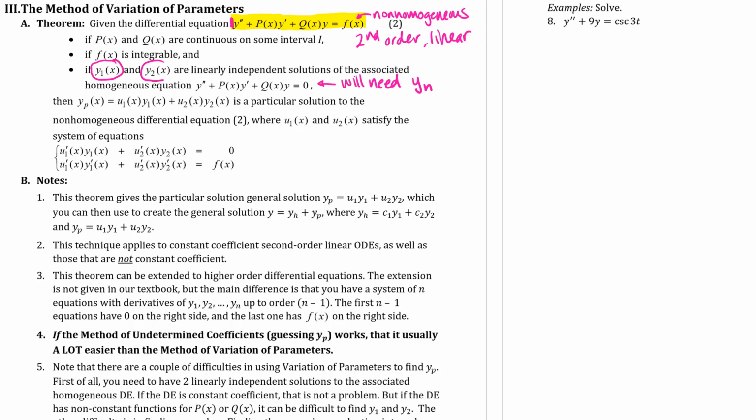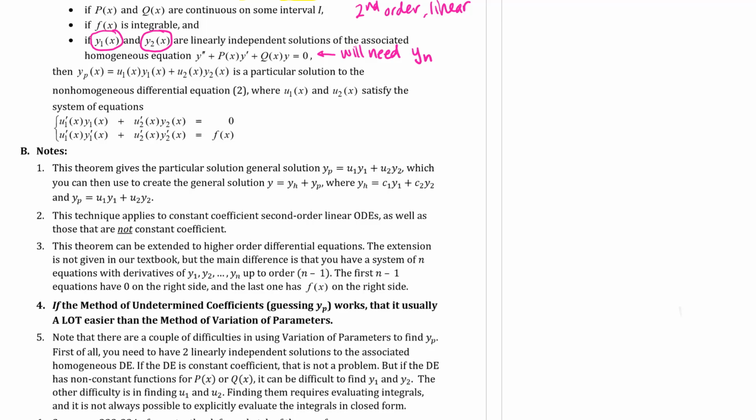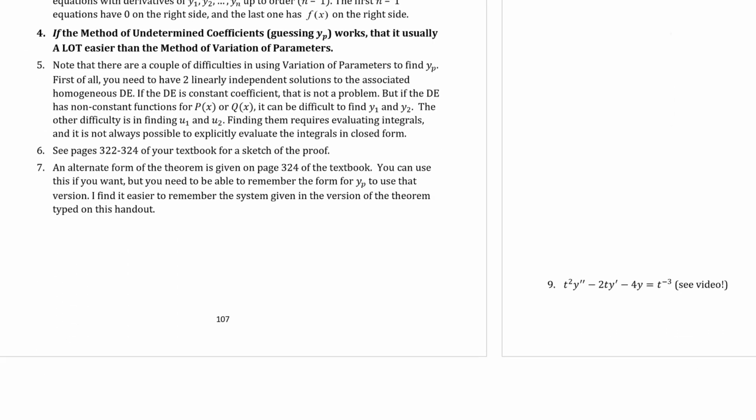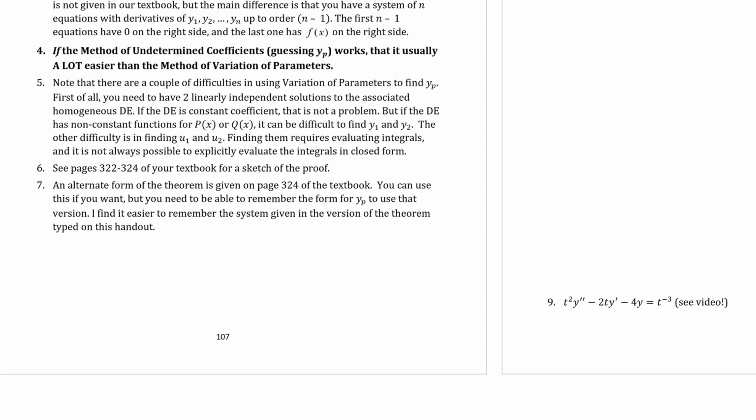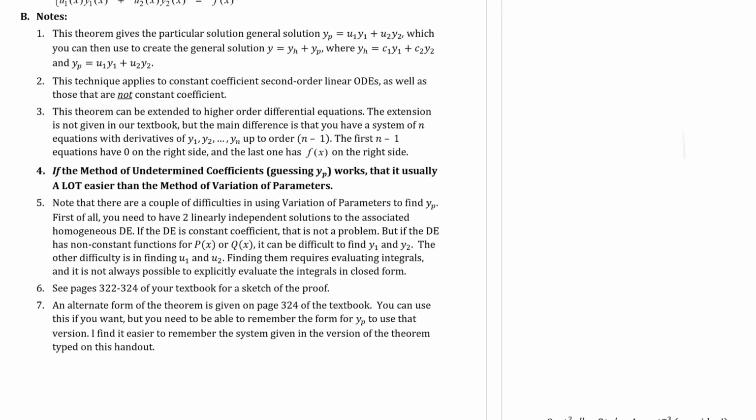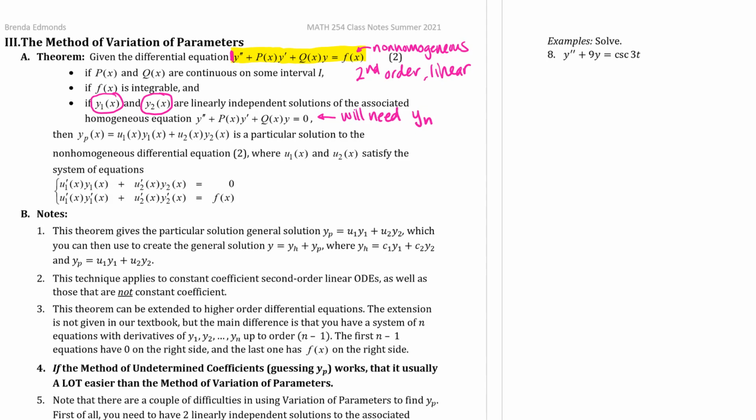We know how to do that for a lot of differential equations, not all of them. For example 8, you know how to do that because you have constant coefficient functions. Example 9, at the bottom of your page of notes, we don't exactly know how to handle that one yet. So you'll want to watch the next video to think about how we're going to handle those variable coefficients.